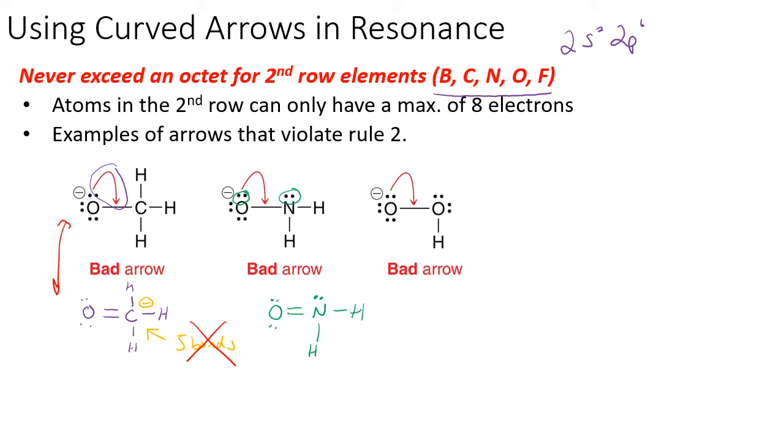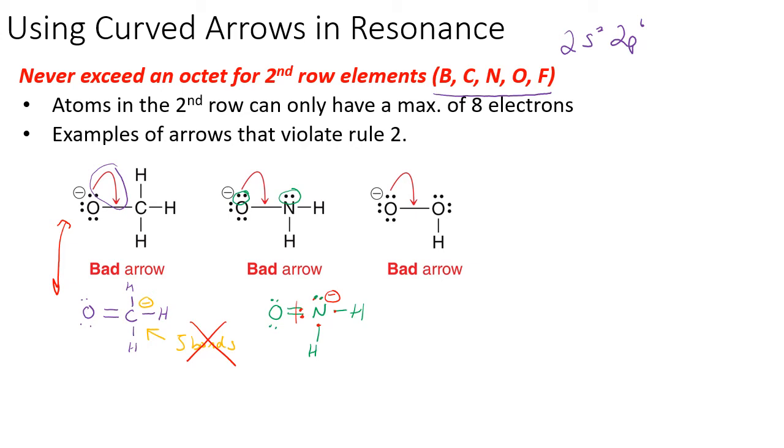So when we look at the formal charge, nitrogen would have a -1 formal charge here, and it has technically 2, 4, 6, 8, 10 electrons around it. So it's exceeded its octet. That would not be a resonance structure.